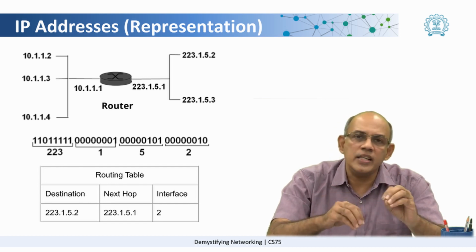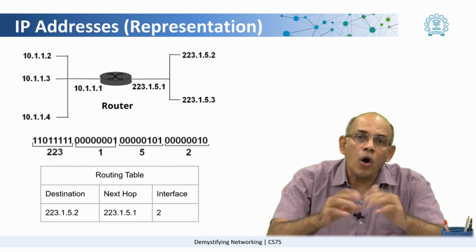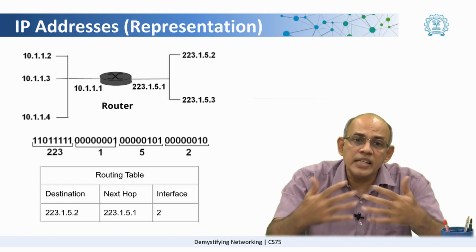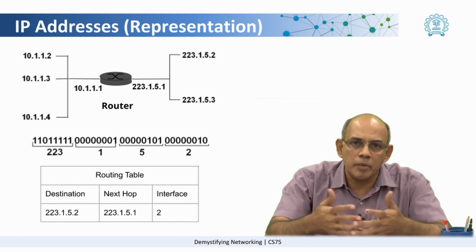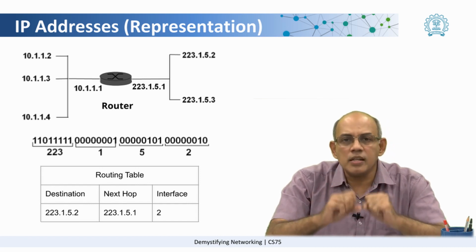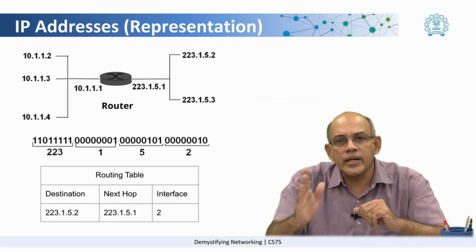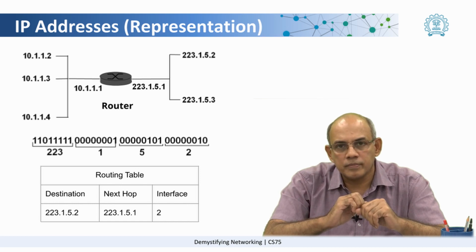Each of these can be machines, or they can even be local networks inside that. We will see how that happens a bit later. So what this router is doing is it's connecting the 10 dot network to the 223 dot network.